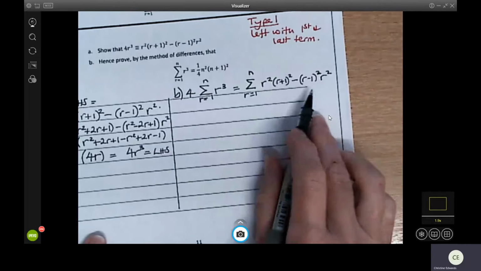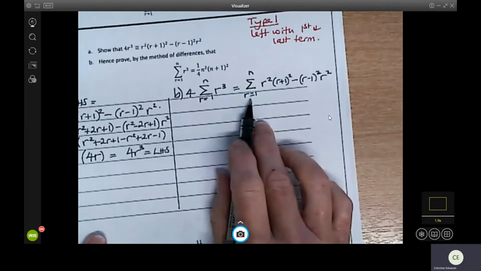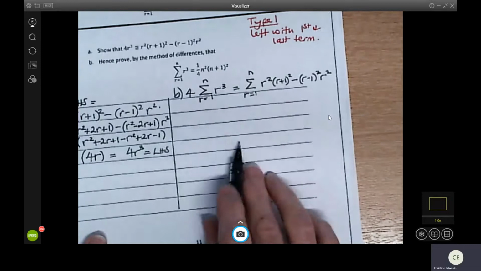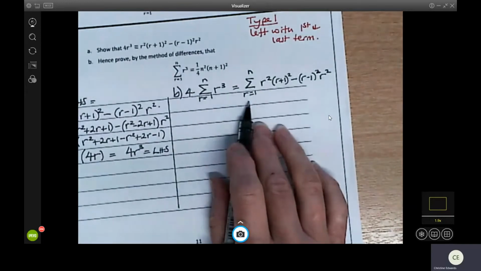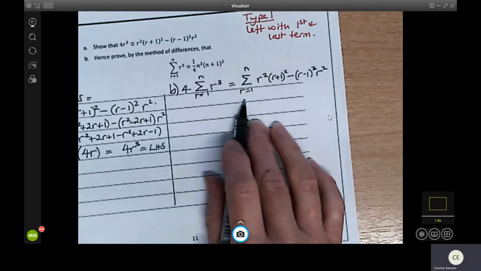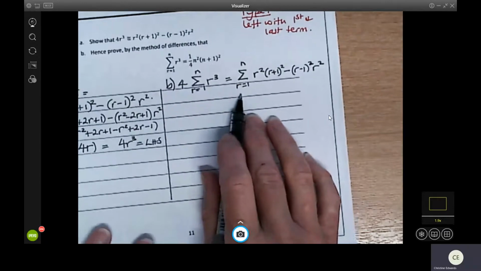So now I'm going to work with the difference by the method of differences. I'm going to consider the terms from r equals 1 up to n. I'm not going to write them all out, but I need to write sufficient so that I have a suitable proof and so that I can see which terms I'm left with so that I can summarize.